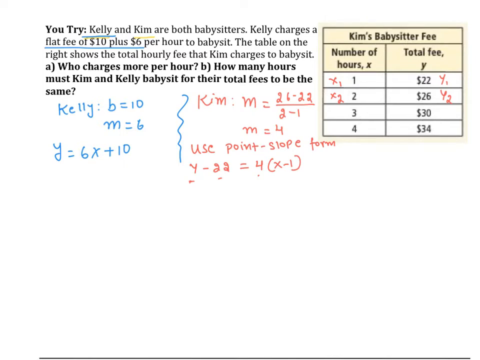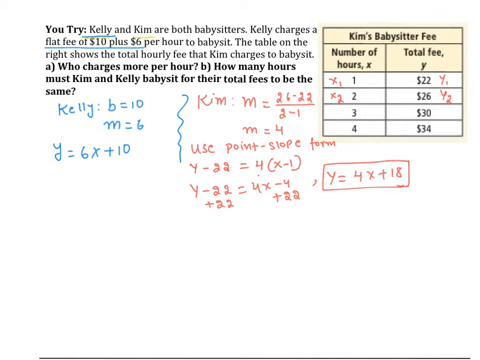So we chose that x1 and y1 is 1 comma 22. So we're going to use y minus y1, that is 22, equals slope, which is 4, times x minus x1, that is 1. Now you're going to distribute the 4 inside, so you get 4x, and 4 times negative 1 is negative 4.